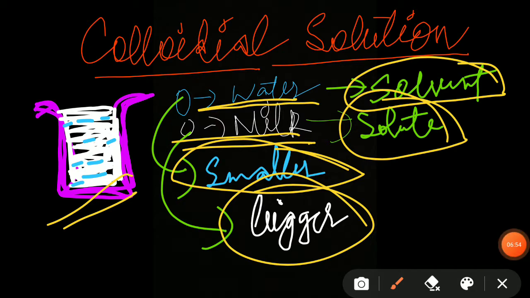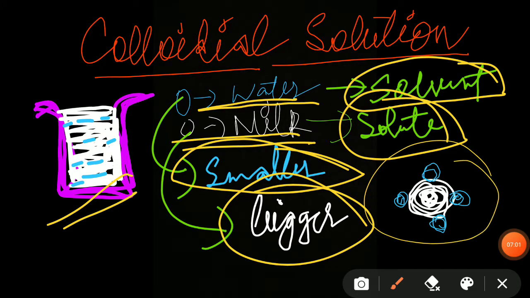So here what is happening, suppose this is the molecule, I am showing you. Look at this diagram. See, this is the milk particle, and this is the water particle. This sky blue color is the water particle and this white color is the milk particle. We know that the solute particle is greater, so the milk is greater, and the water particles, that is the solvent, are smaller in size.